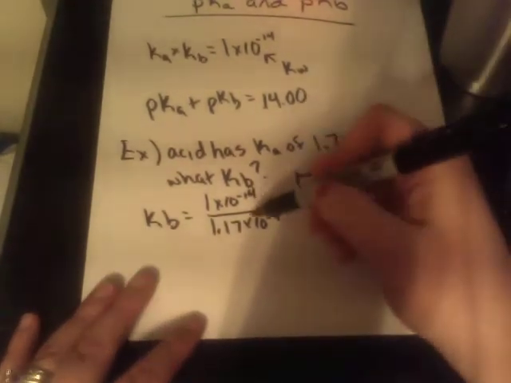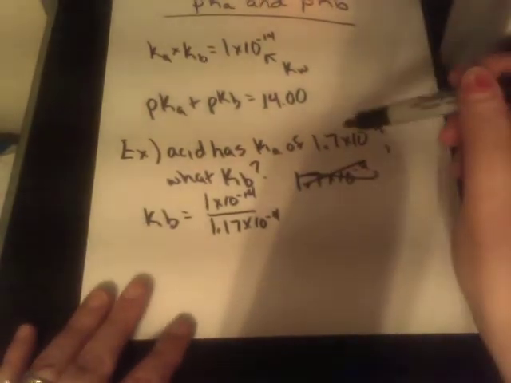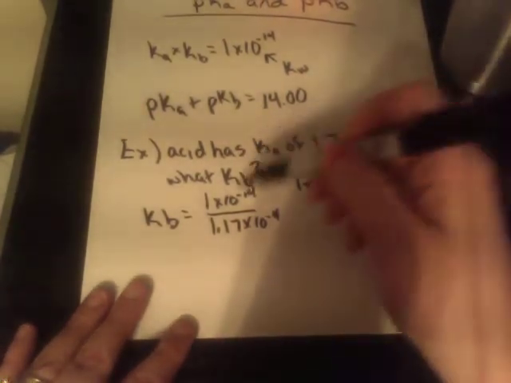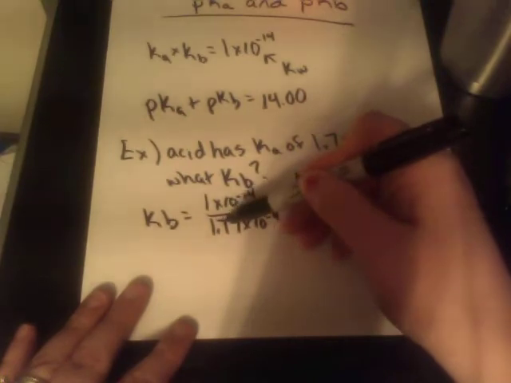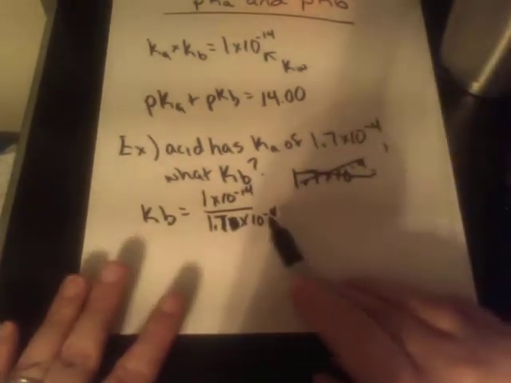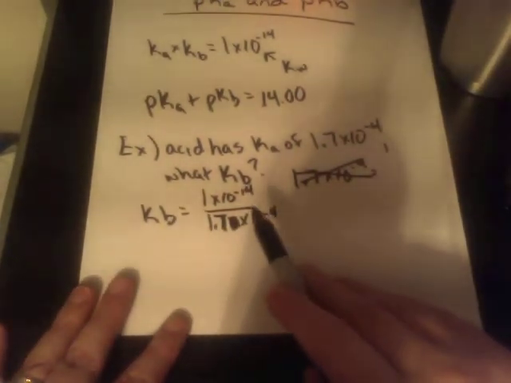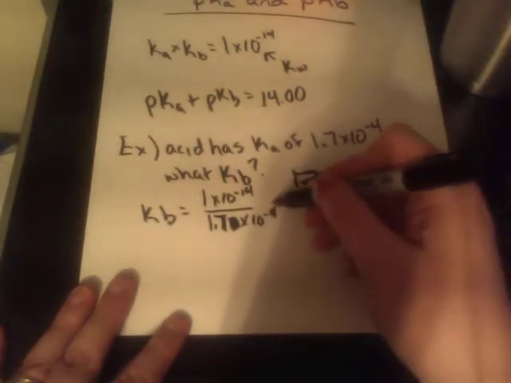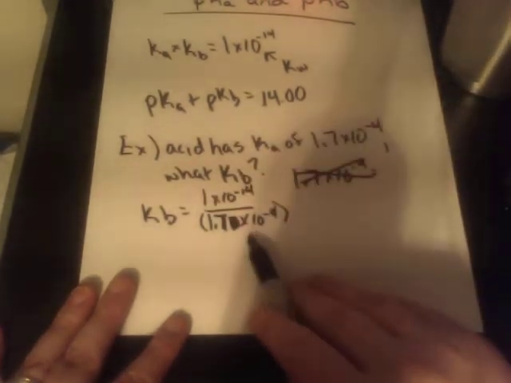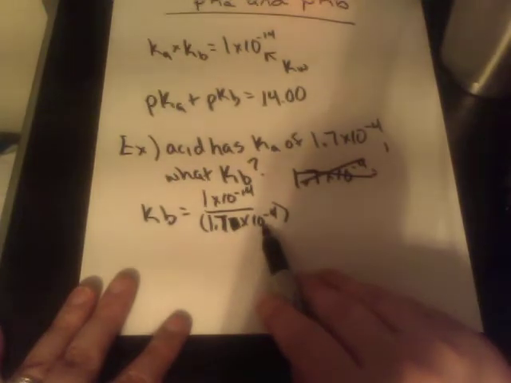One big thing that I need you to pay attention to and know is that this has to be typed in as a whole piece in your calculator, right? 1.7 times 10 to the negative 4.